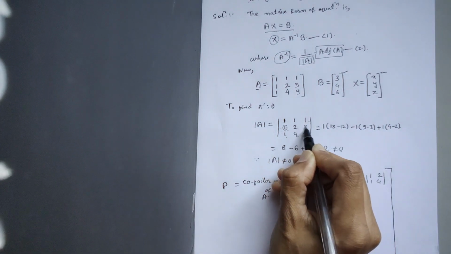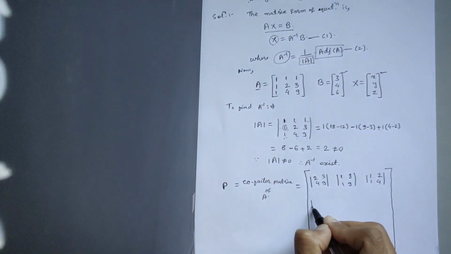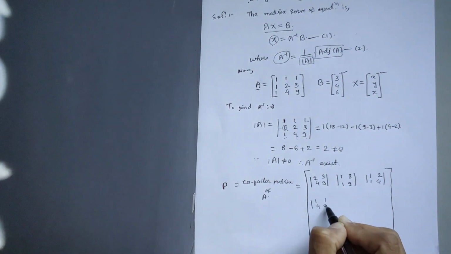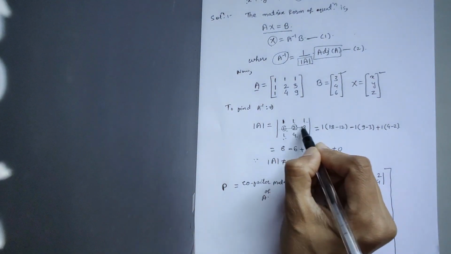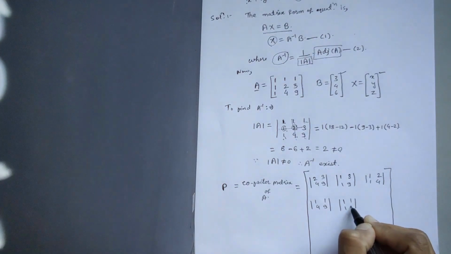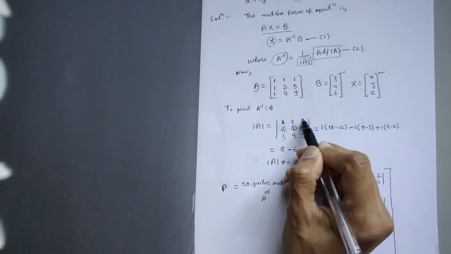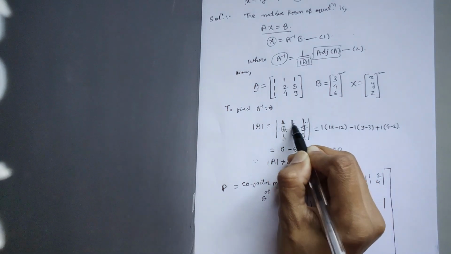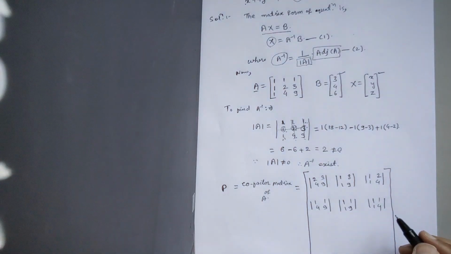Second row. Eliminate second row, first column. So 1, 1, 4, 9. Next, eliminate this and this. So 1, 1, 1, 9. Next, 1, 1, 1, 4. Just write all these, eliminating very carefully, otherwise our calculation will be wrong.